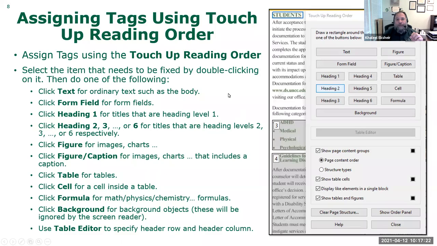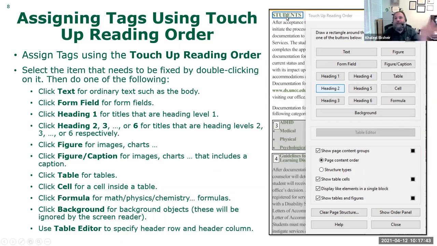Now, in Adobe Acrobat, using the reading order tool, which is part of the accessibility tools in the right side ribbon, you can select items in your document and start fixing. For example, let's assume this is heading level 3, which we saw.